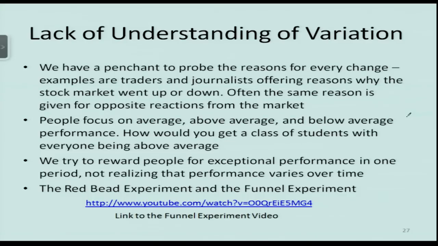That means when there is some sort of random variation in the process and we try to improve the process by making a change, we actually make things worse. And I don't have the red bead experiment that we conducted, but I do have the funnel experiment that we have a video of, and the link to the video is given to you on this particular sheet.